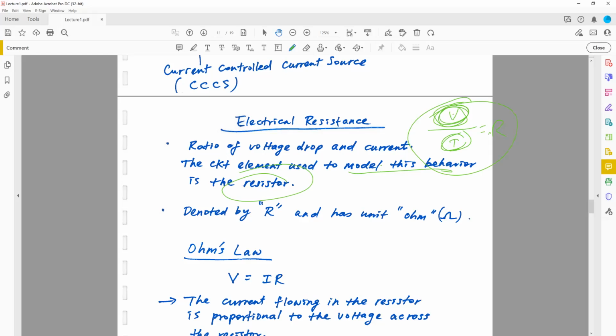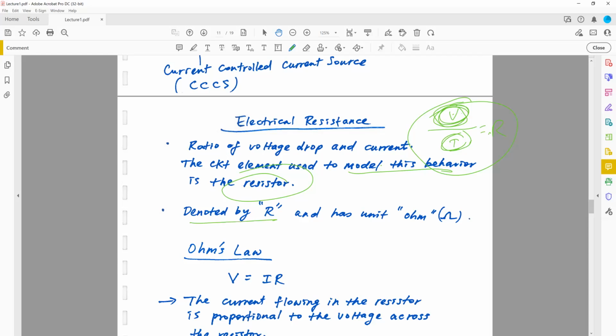So if V is fixed and current goes up, then R is going to be smaller. If V is fixed and I is smaller, then this resistor is going to go up. Keep that in mind. We're going to come back to revisit the concept in a second.